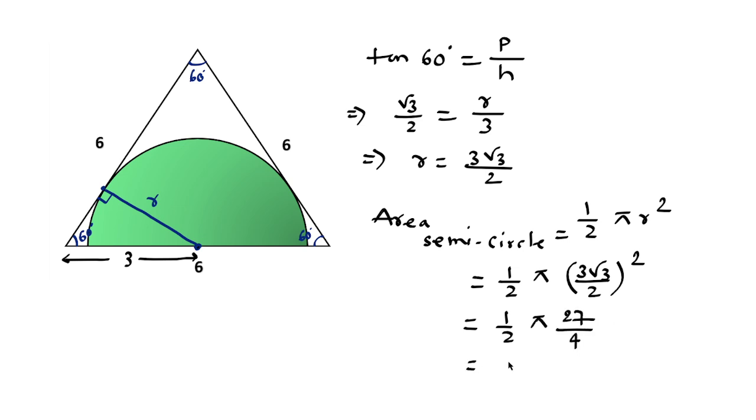So this means we can write 27 pi upon 8 square units. This will be the answer, or approximately you can say that 10.6 square units will be the right answer for this question.